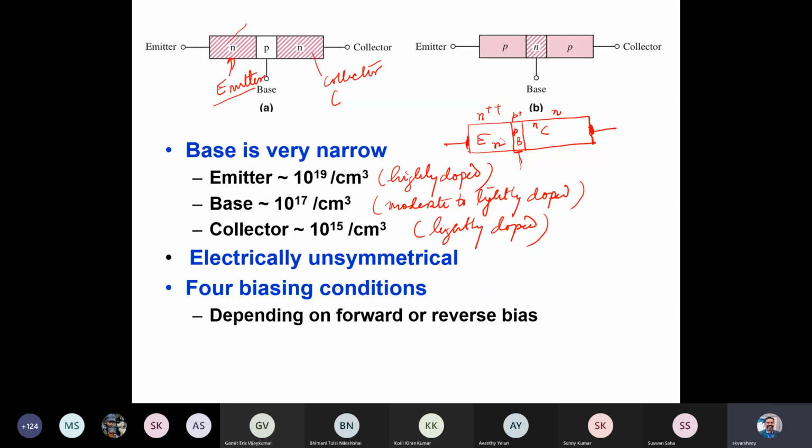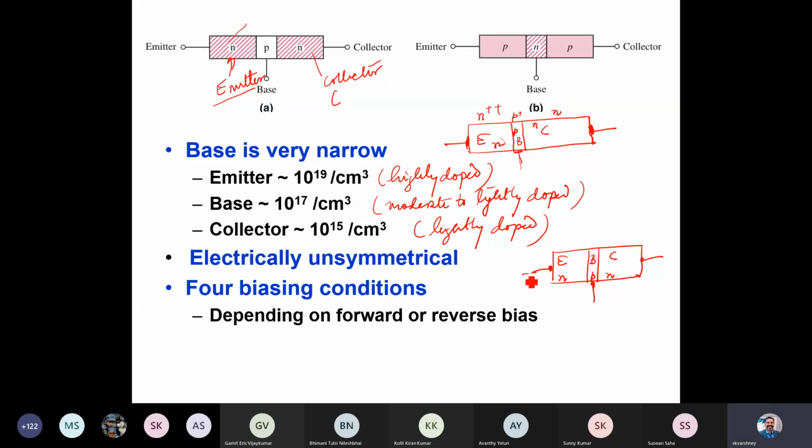Now what is most important is that four biasing conditions may exist, depending on which junction is forward biased and which is reverse biased. What I mean is, say this is the emitter, base and collector, and I take it as NPN.